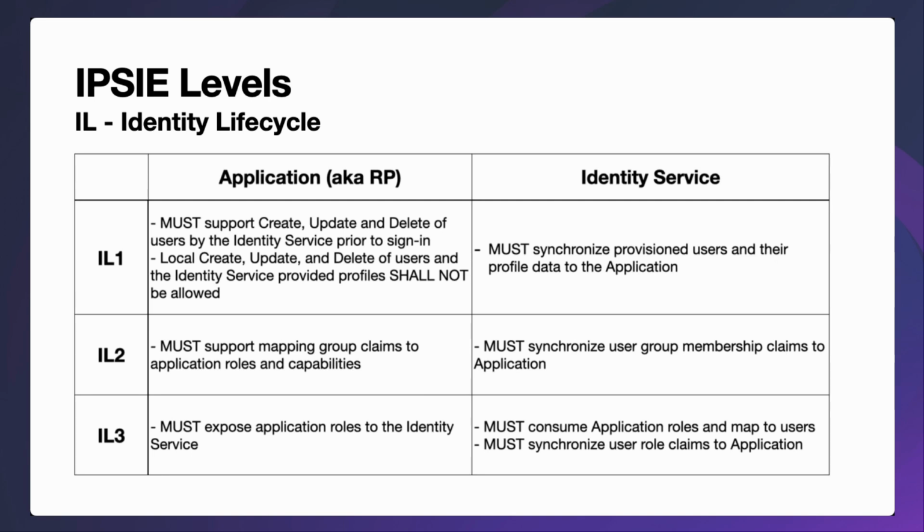So that mapping between functionality or role in the application is mapped at the application to groups. IL3 moves that a layer deeper where the application exposes the roles that it has and the identity service looks at those roles and all of the information it has about a given user and decides which roles at an application each user has.